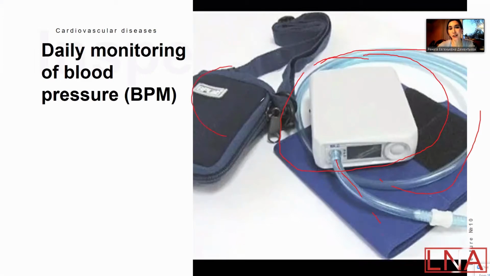Also on the block, you can find a special button for blocking the measurement of blood pressure during some uncomfortable condition of the patient, for example, when the patient is in the toilet. It's not comfortable for the patient, so the patient can block this measurement, and this measurement will be lost and missed from the analysis.